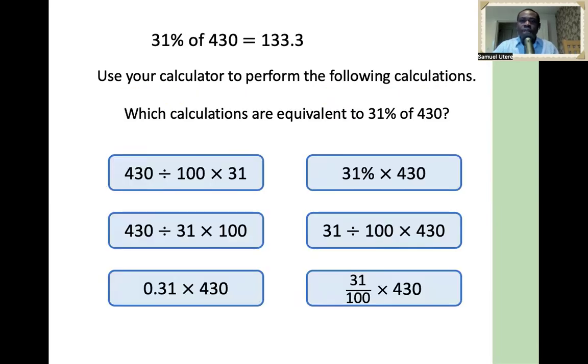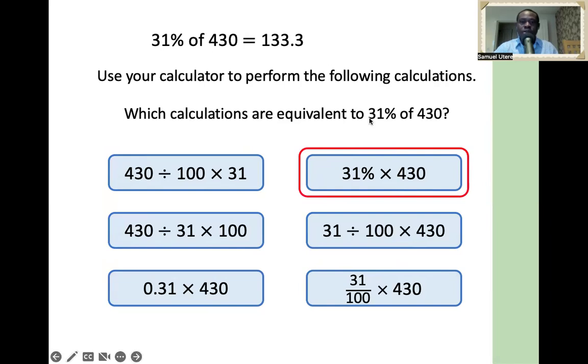Okay, let's now get into the realm of using a calculator. So if you were asked to check these calculations, use your calculator to perform the following calculations, and I just want you to check which of these calculations are equivalent to 31% of 430. Okay, now take note, before you start, I want to mention this one is exactly like you see there.